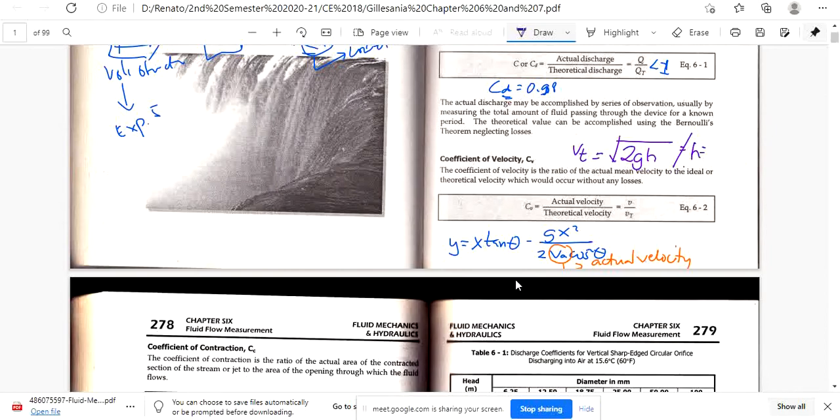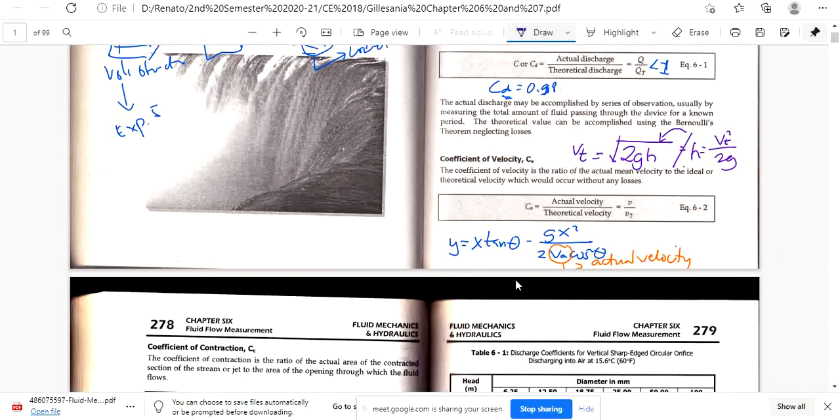So di ba h is equal to v squared over 2g. So that is the velocity theoretical. So kung imo na siyang i-rewrite, mao na ning mahug nga ingani. Okay? So mao ni. So mao nang pagkuha nimo sa velocity, actual velocity.